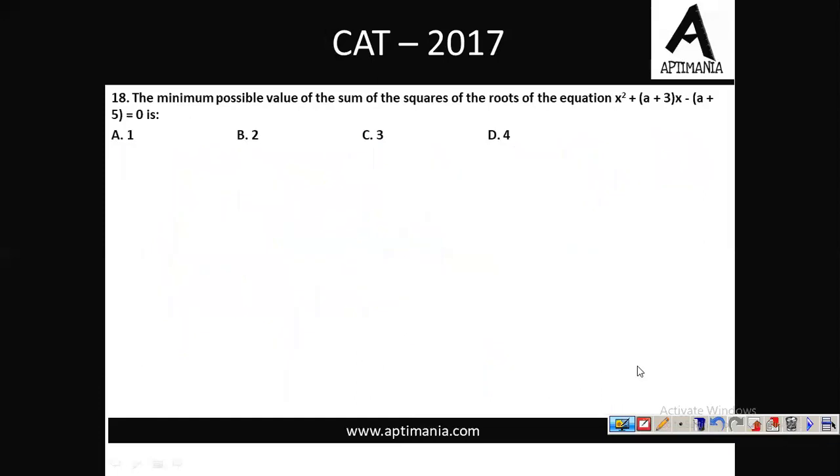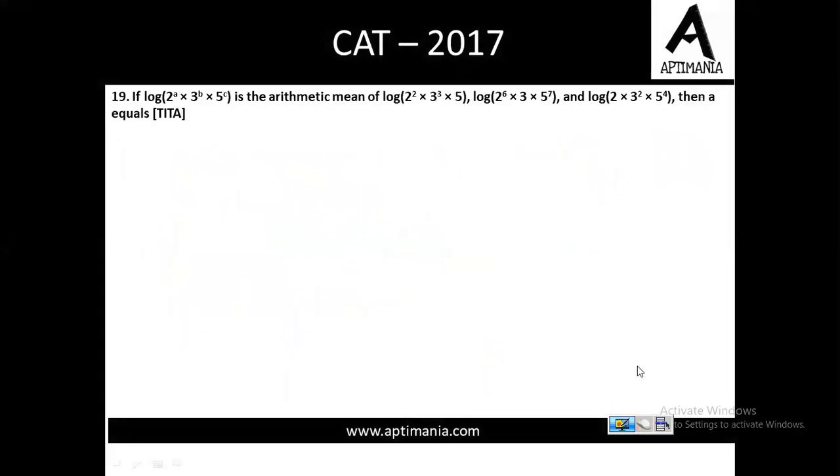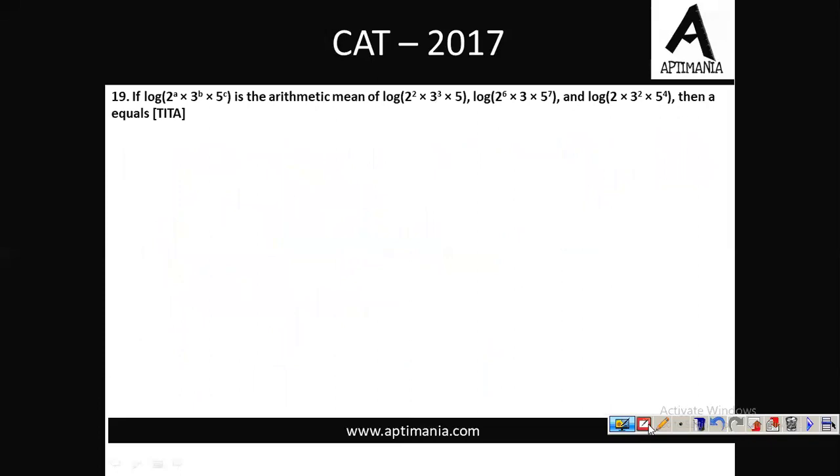Let's go ahead to the next question. Question number 19 is on the screen. What is given to us is that log 2 raised to the power a, 3 raised to the power b, and 5 raised to the power c is the arithmetic mean of these three log values.